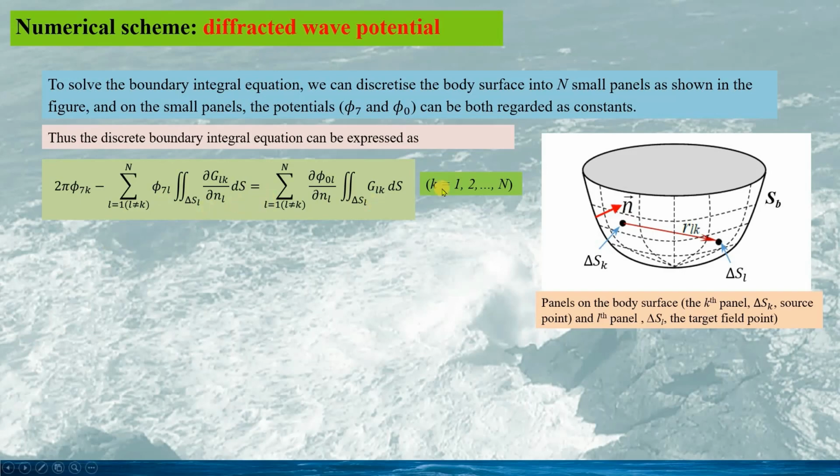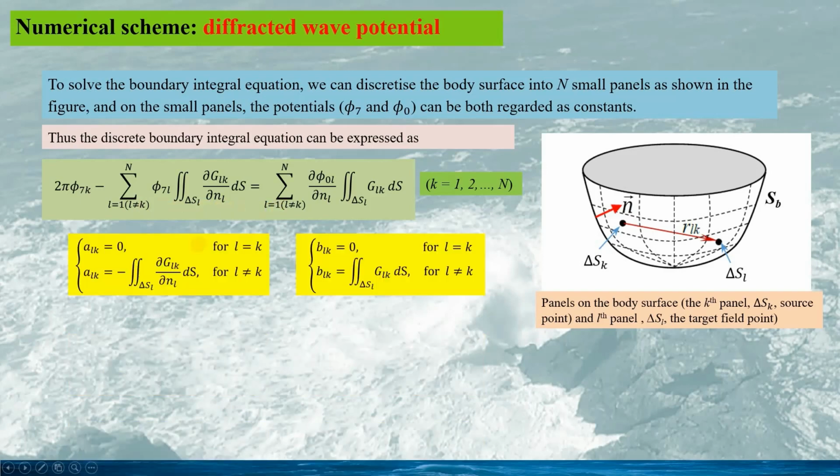Here, the index k indicates the panel number of the source, and the index l indicates the panel number of the target field. And we notice both summations here and here would be on l equals 1 to n, but not equal to k.